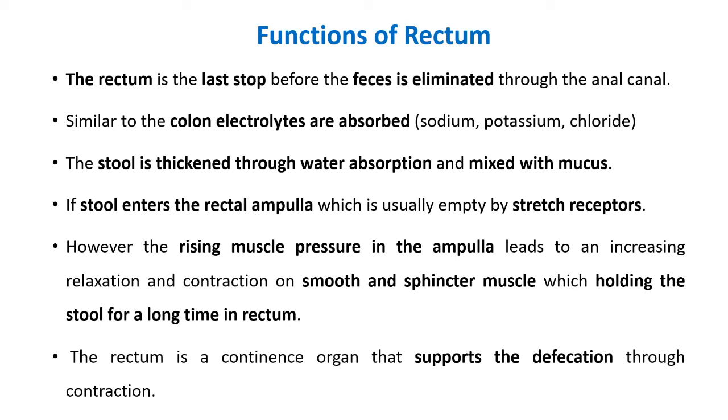Similar to the colon, electrolytes are absorbed, that is sodium, potassium, and chloride. These are the important ingredients present in undigested food material, so these are also absorbed in the colon.